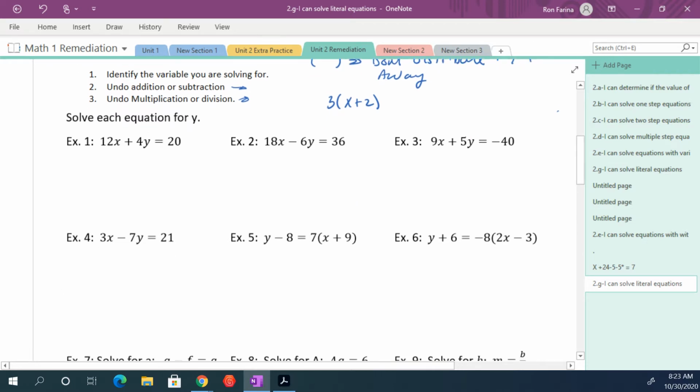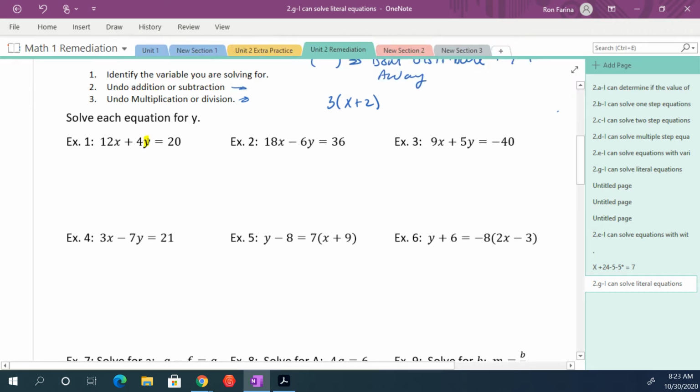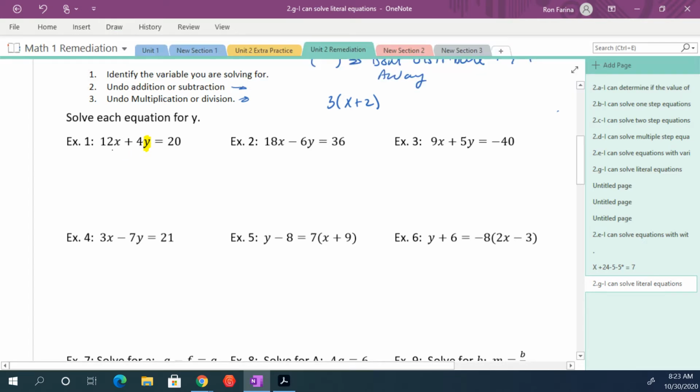Second semester, you're going to see that solving for y is very important. Now, anytime we look at this, if I'm solving these equations for y, I know I have to get rid of 2 things, the 12x and the 4. But which one is linked to y by addition or subtraction? Well, the x term is. So how do I get rid of this x term? Well, it's positive, so I'm going to subtract.